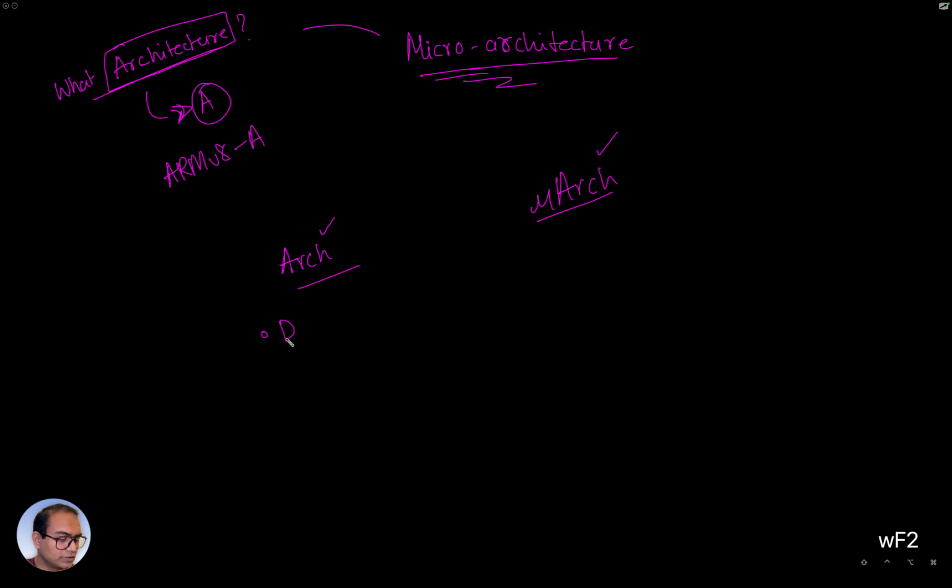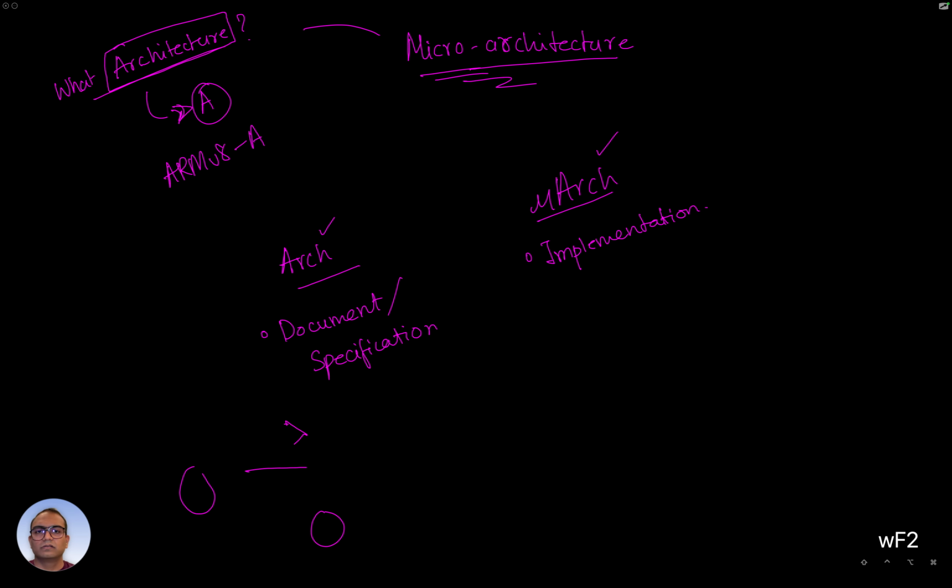So the architecture is a document, a specification, right? And a microarchitecture is an actual implementation, right? And we'll discuss the details in a while. Now, for example, let's say you had a document that described different parts of a bicycle, and it talked about how a bicycle needs to have two rotating circular wheels, it has to move forward, there has to be a steering, a place for the rider to sit, and so on.